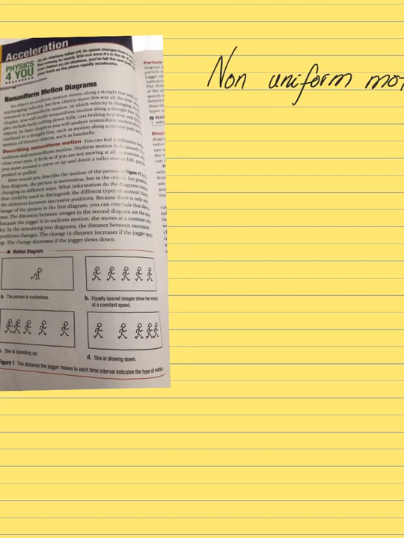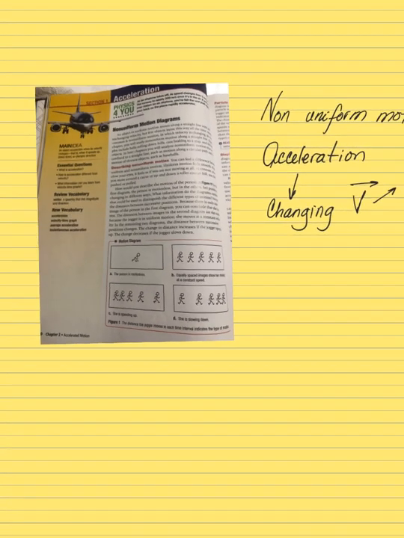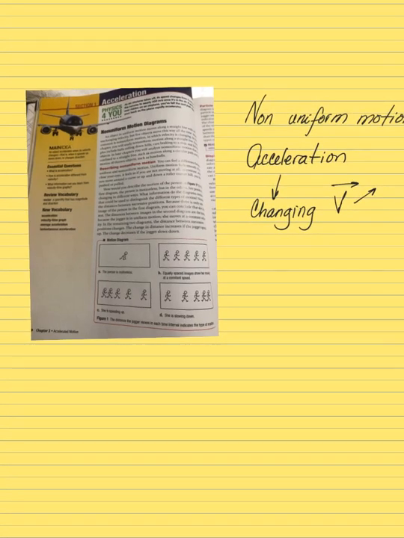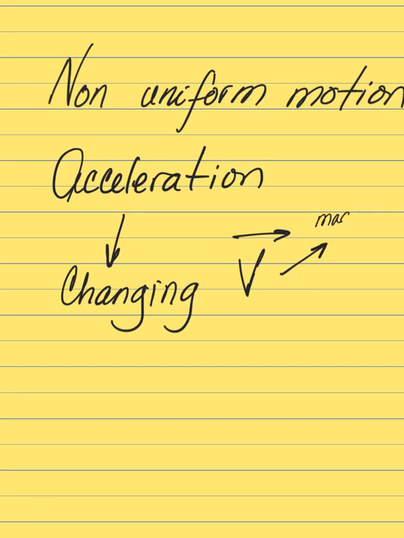We're talking about acceleration. When an object is accelerating, it's changing velocity. But velocity is a vector, and a vector has a magnitude and also a direction.